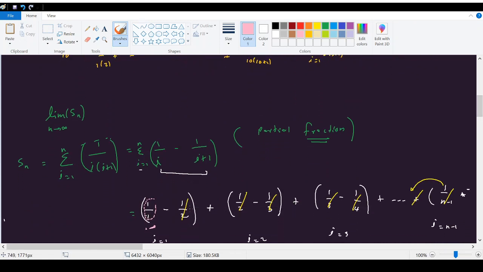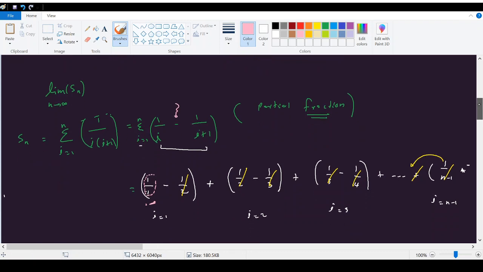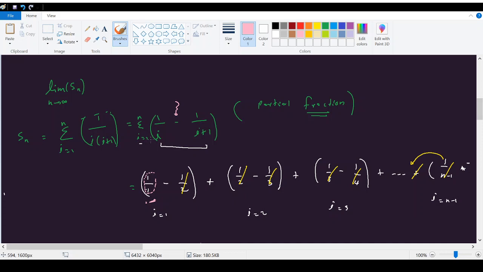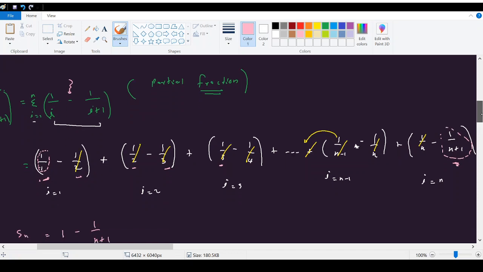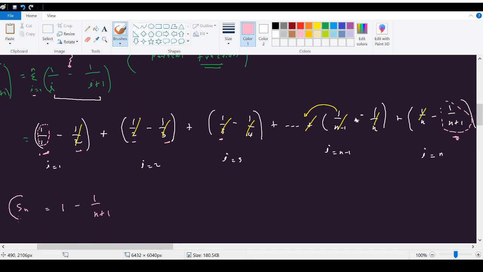So that's the main reason for having this sort of a decomposition, because once you decompose, luckily we had a negative sign in between. Once the decomposition is done, and when we expand the series notation, we saw a nice cancellation. This will be cancelled out with this one, this will be cancelled out with this one, and likewise most of the terms will get cancelled out, and the very first term and the very last term will remain, right?